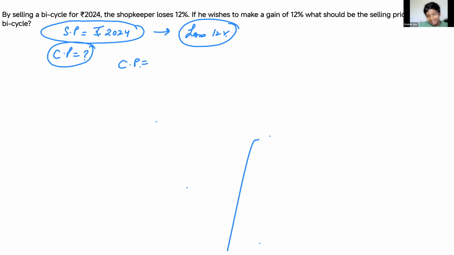I haven't written it down though. Okay, let's give Jahoan a chance. Jahoan, what is the formula for the cost price if SP and loss are given? Okay, already wrote it down.